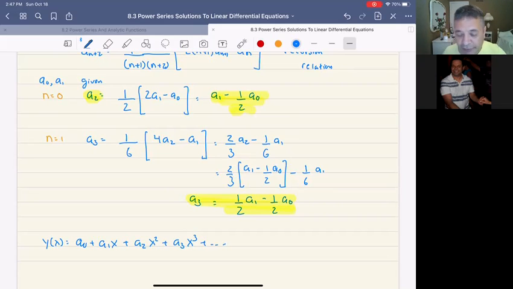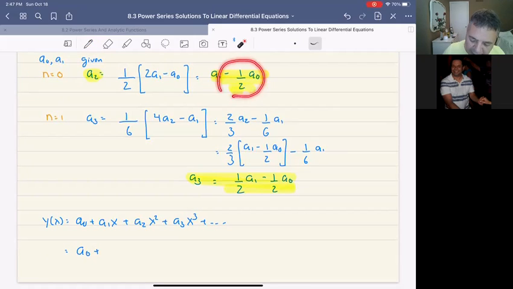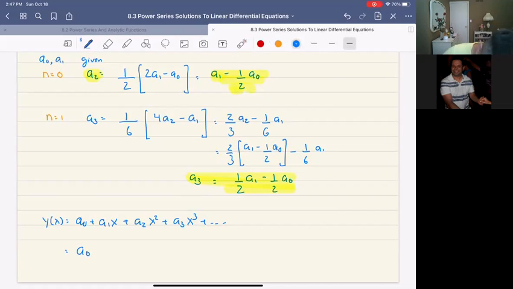Now let's go ahead and plug those in. So a0 plus, a2 has, of course, negative 1/2 a0, so I'm going to write minus 1/2 a0 x squared. A3 has minus 1/2 a0 as well.